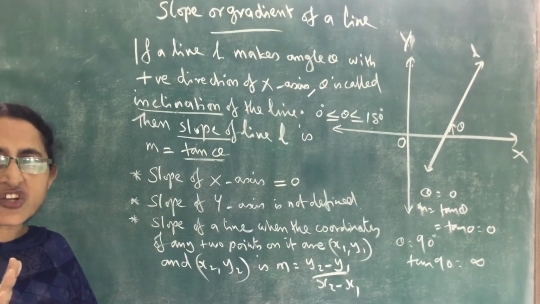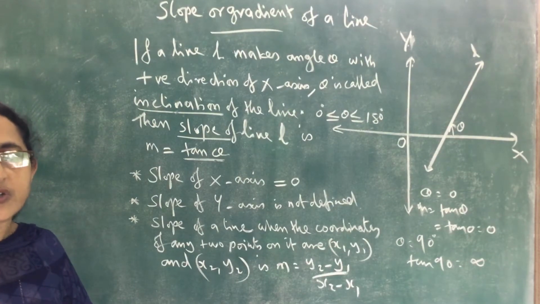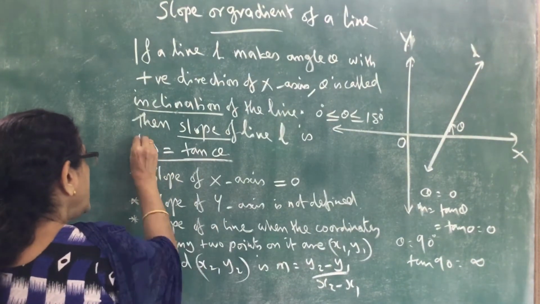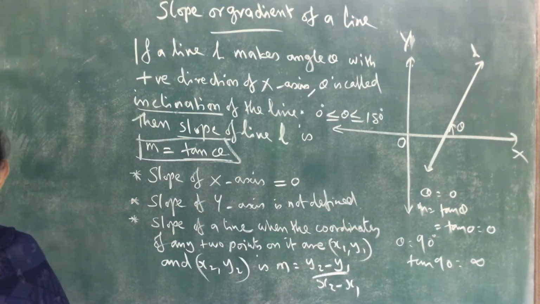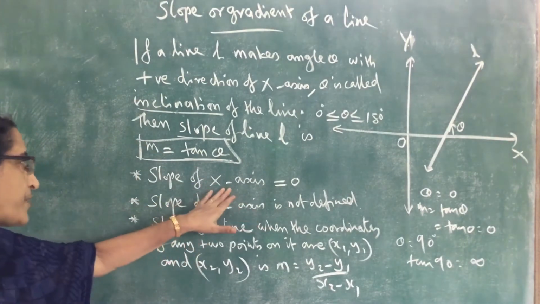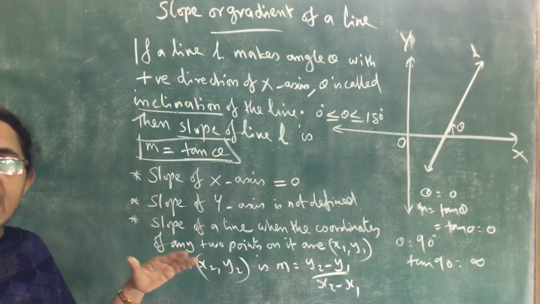And if the inclination of the line is theta, the slope of that line is defined as m equal to tan theta, a very important definition. You have to remember that the slope of the x-axis is 0 and the slope of the y-axis is not defined.